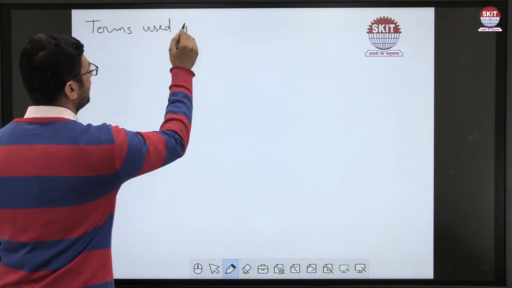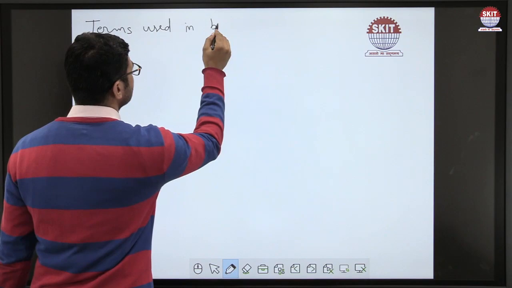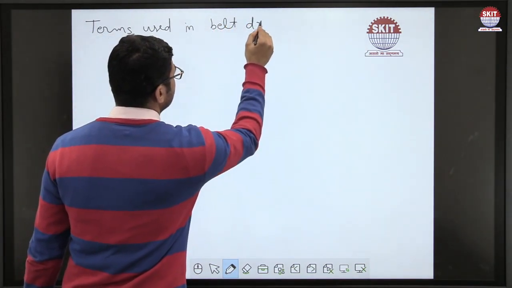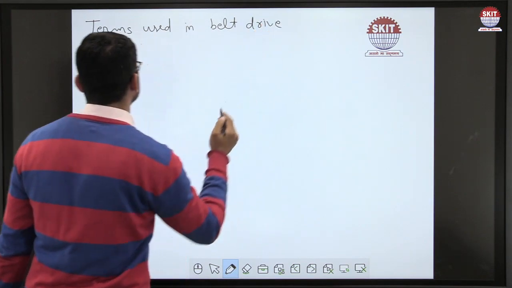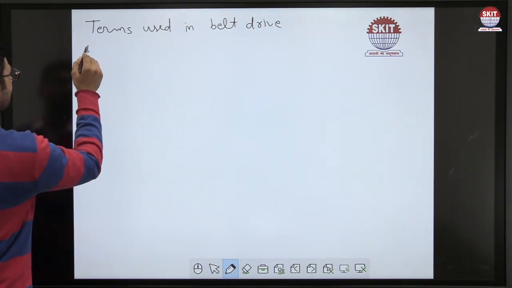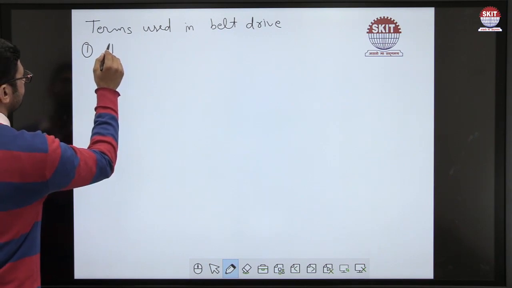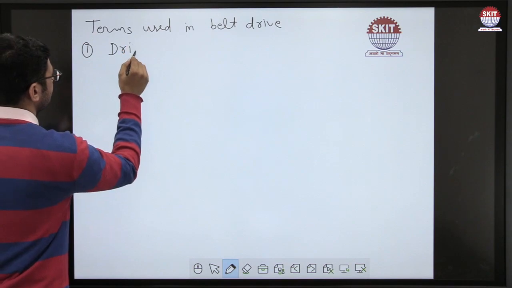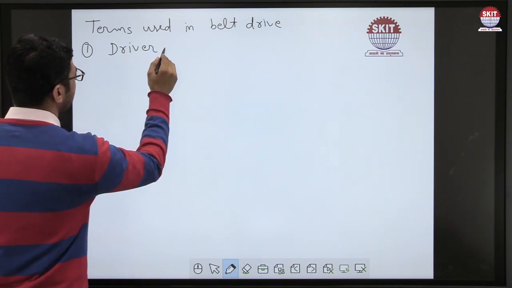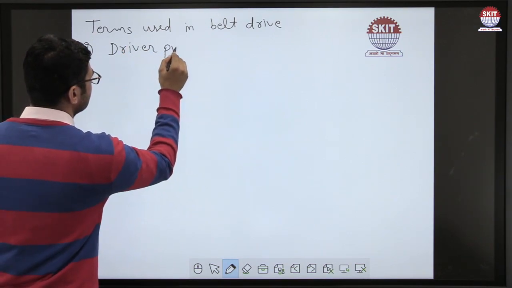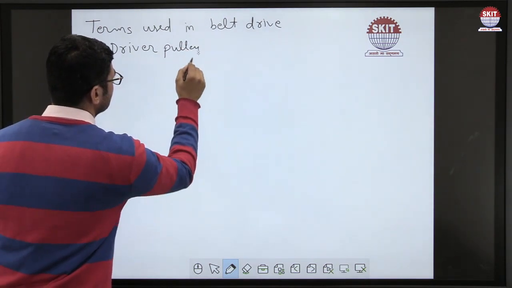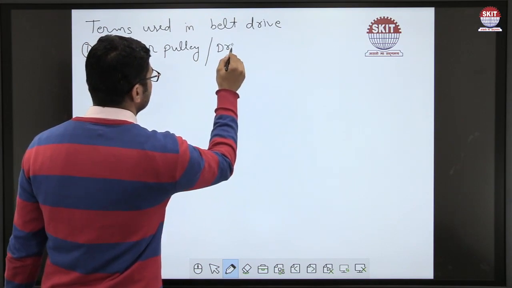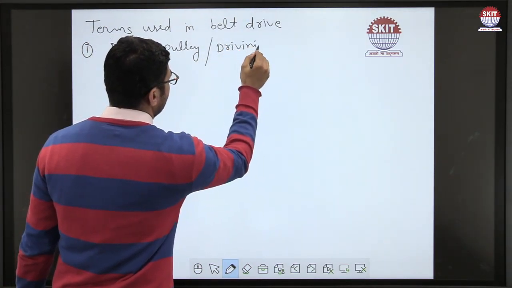Terms used in belt drive. In this, first we discuss driver pulley, which is also known as driving pulley.